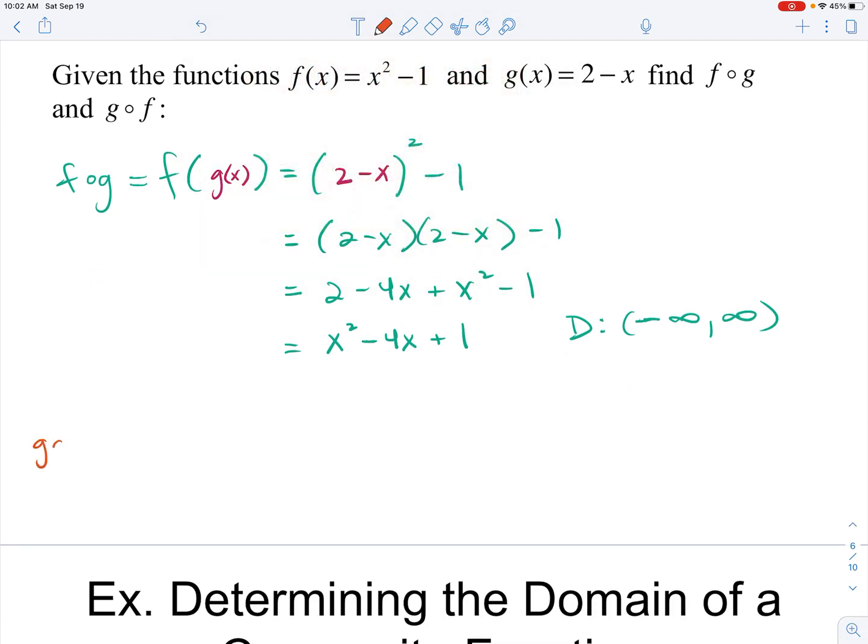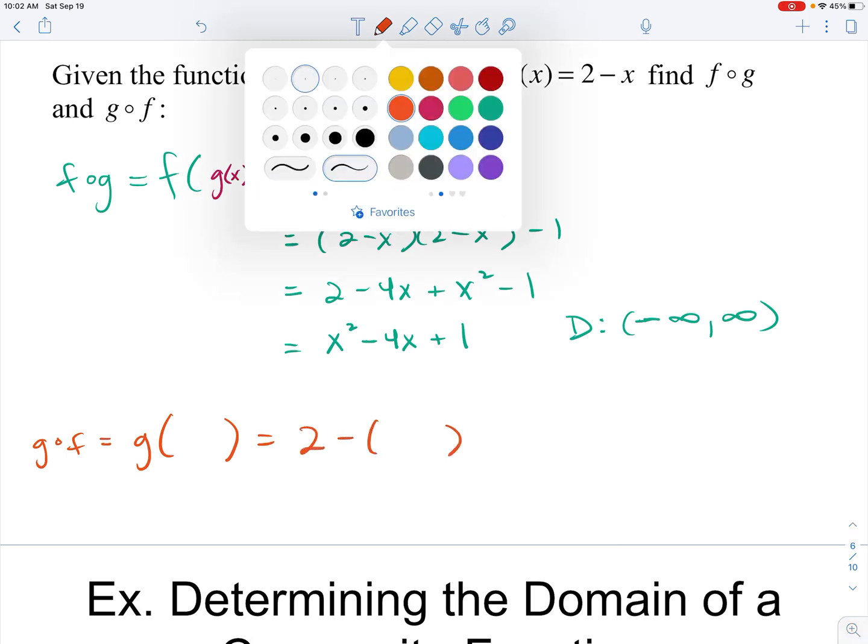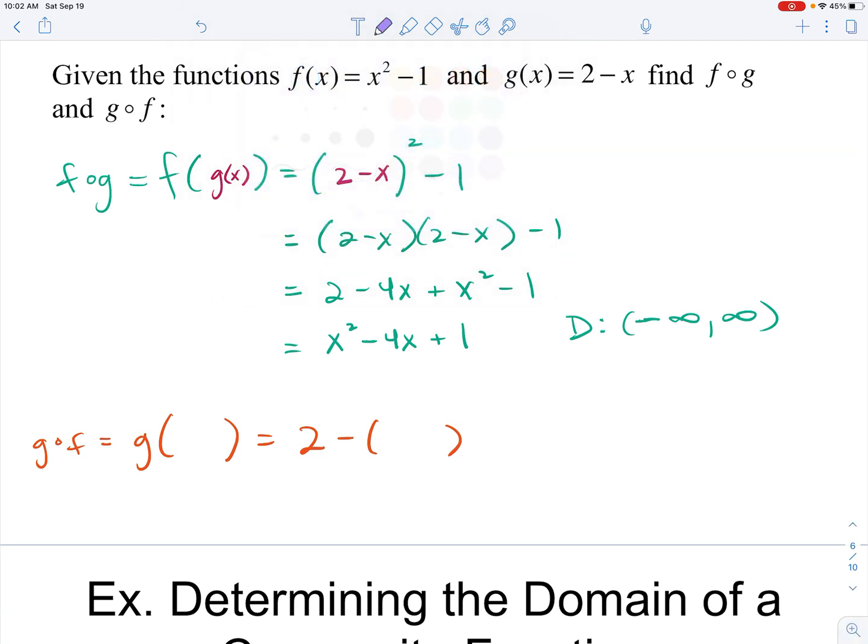Okay, and then doing g composed with f. Made that circle too large. There we go. So g is the outside function. So g using parentheses for where x would go. And then f of x is the inside function, and I'll replace the x in the equation for g of x with x squared minus 1.